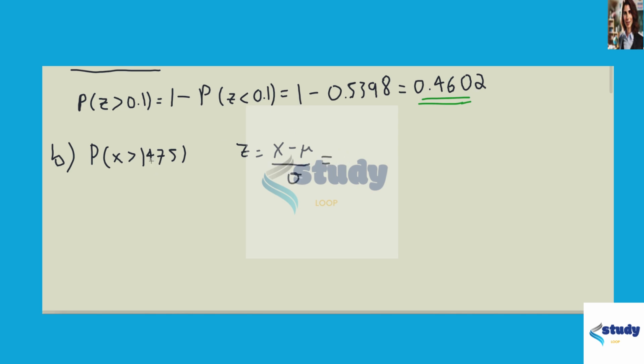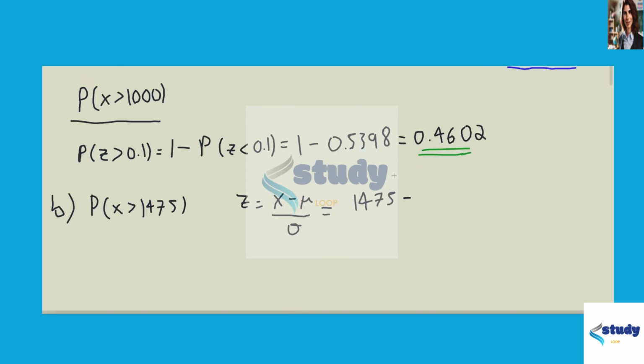We're going to input this as our x to get 1,475 minus mu, which is 982, over the standard deviation, which is 180. And this is going to give us approximately 2.74 if you plug it into a calculator.